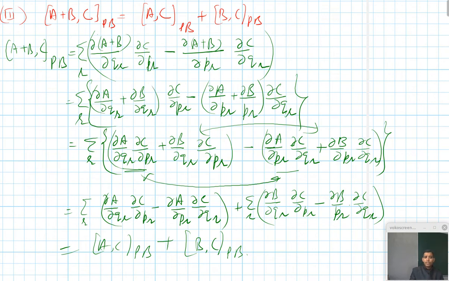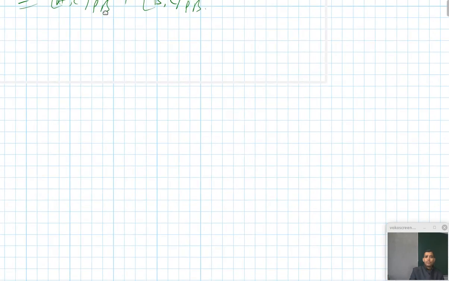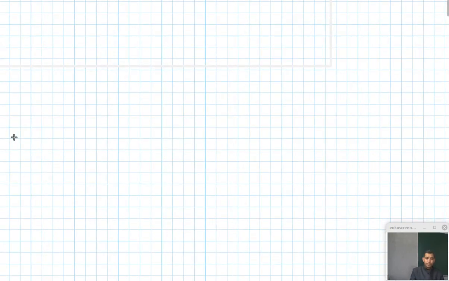Then the fourth property which I am going to discuss with you. It is {A, A}, it is always equal to 0, meaning the Poisson bracket of a dynamical variable with itself is 0.